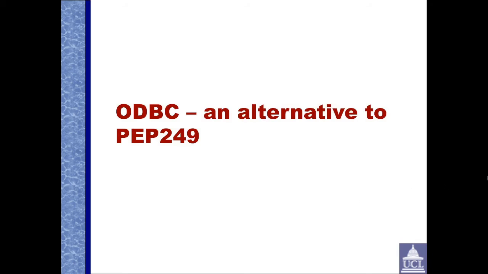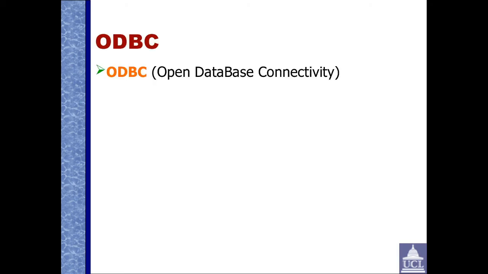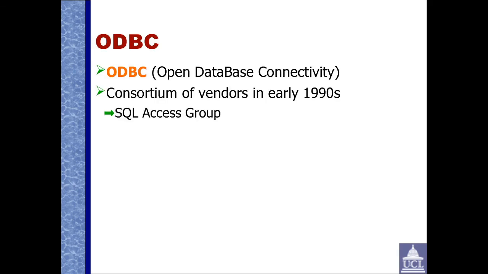Before we go into PEP249 in any more detail, I will briefly mention another alternative which is called ODBC, and that stands for Open Database Connectivity. So ODBC was actually quite an old standard.